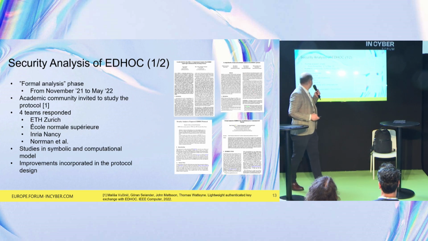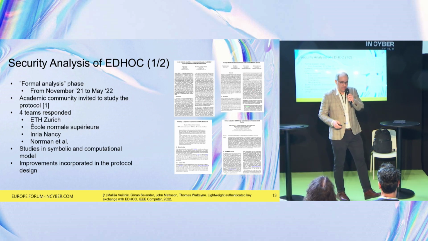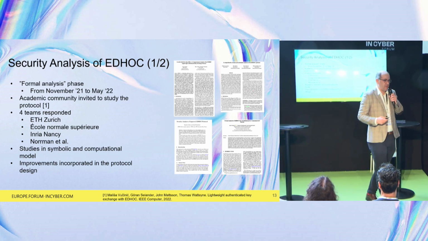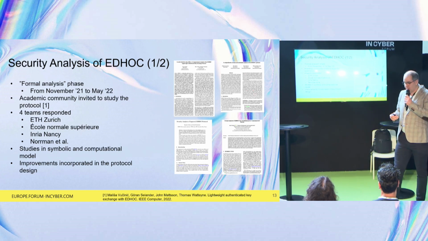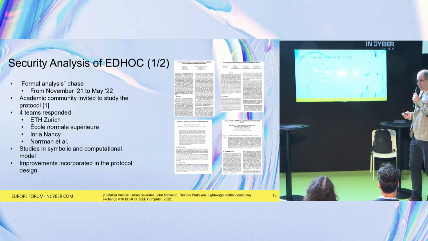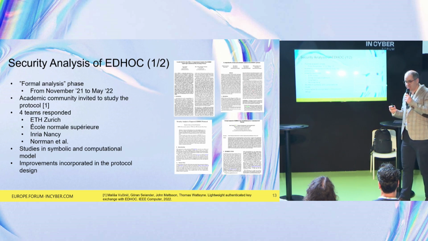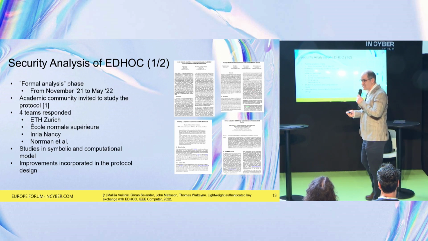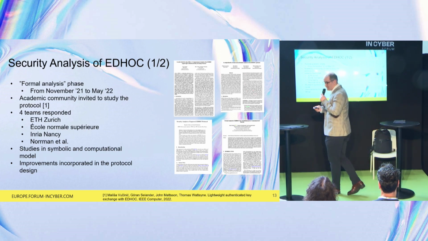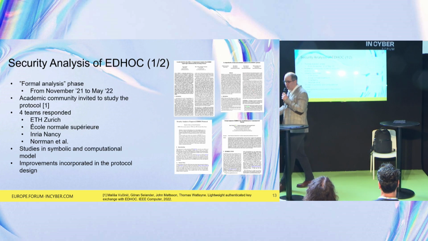As I said, from November 2021 to May 2022, we invited the academic community to study the protocol. Four teams worldwide responded to this call, meaning that they did studies in different security models in order to look for vulnerabilities in the protocol.